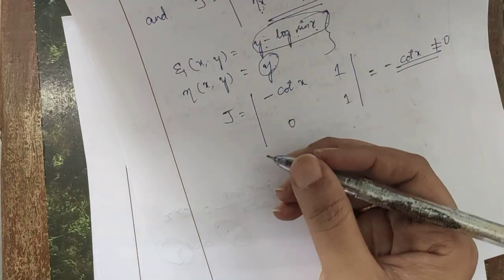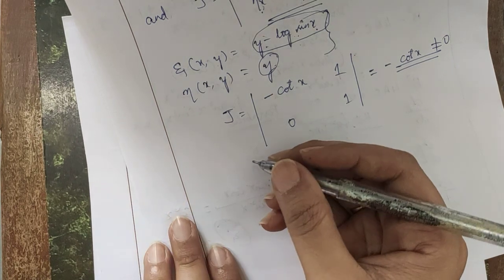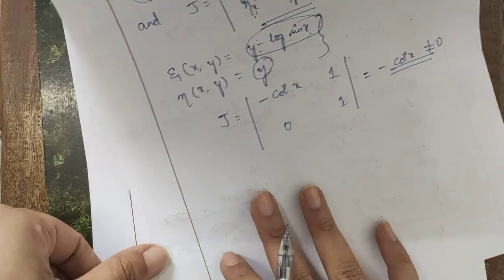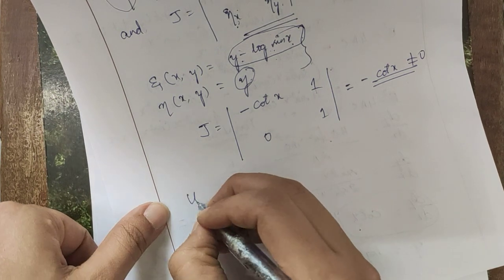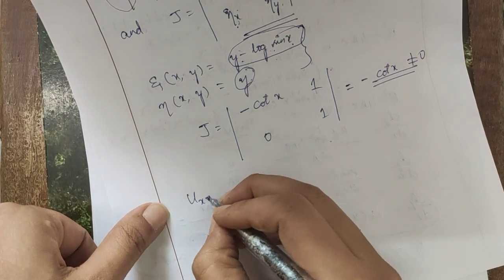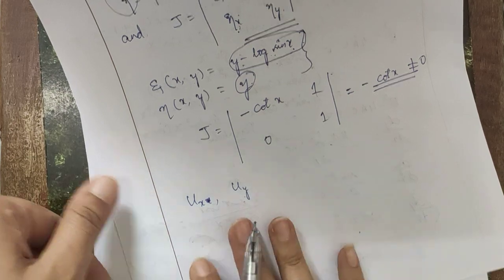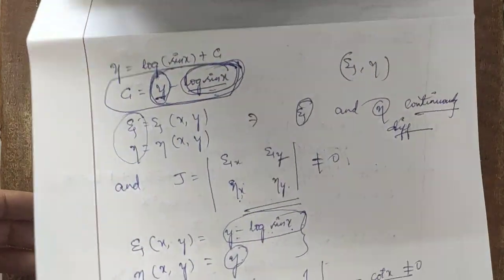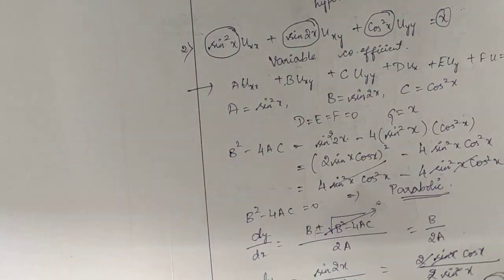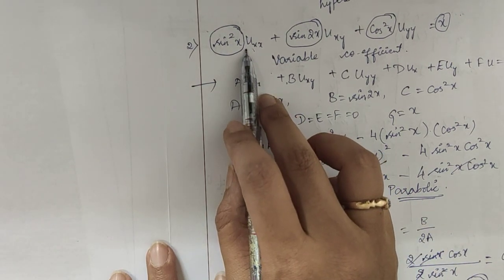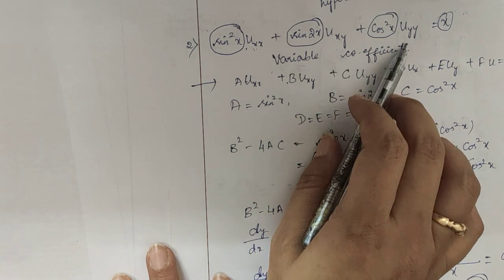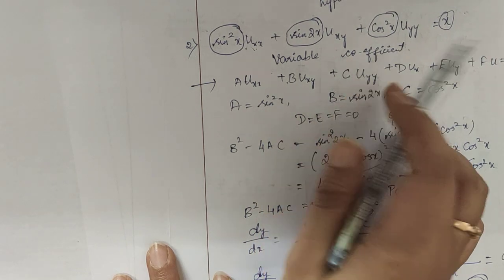Now what is our next job? We have to find out the unknowns in our given second order partial differential equation. That means we have to find out ux, uy. In the given equation, I need to find out the values of uxx, uxy, uyy, right?